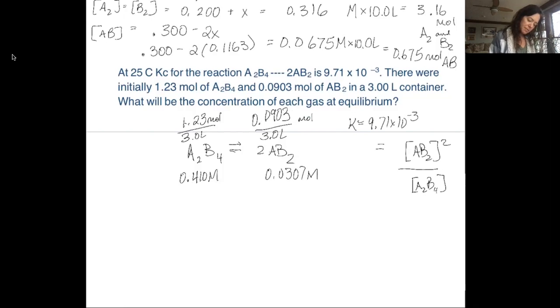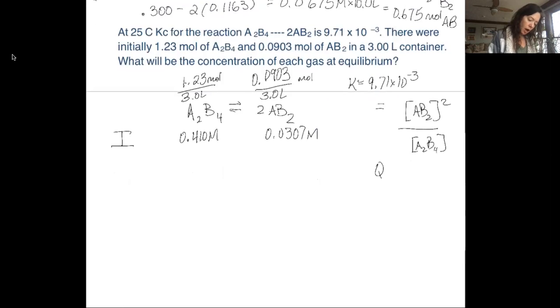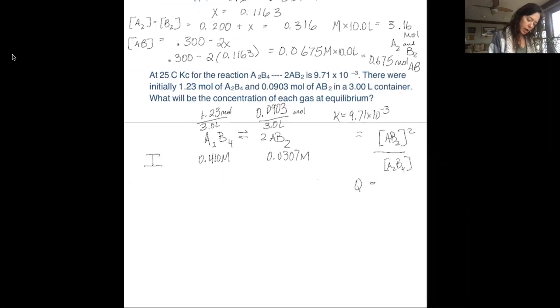All right. Now we have an initial system where we've got both reactants and products present. So once again, we need to solve for Q to see how Q relates to K. Let's plug those in. We have 0.0307 squared over 0.410.